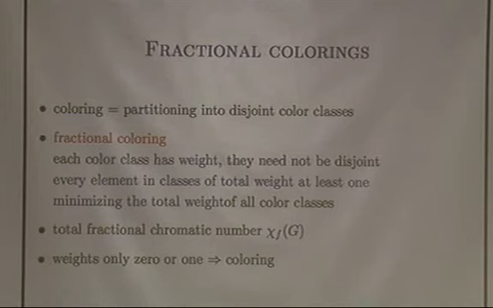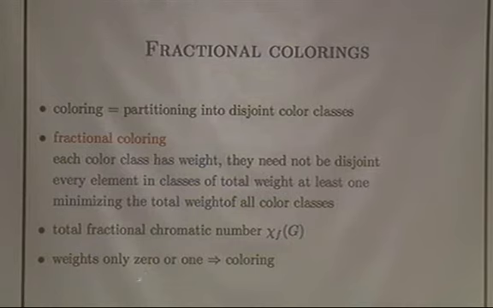And what we want to do is minimize the total weight of all color classes. So for instance, if the weights can be only 0 or 1, the independent sets that have weight 0 do not contribute to either of these two bounds. And those that have weight 1 already cover their elements.